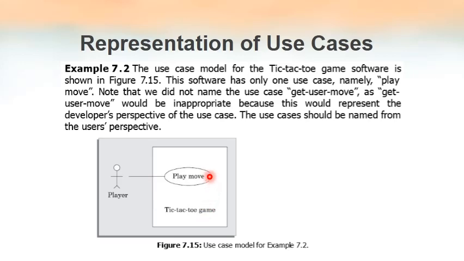So the rectangle shape, that is the system boundary, the system name, the use case name, the actor, and the communication relationship. I hope you understood this diagram, and this is how our use case diagram looks. Our use case diagrams may consist of many ellipses like this inside the rectangle, depending upon the system we are going to model.